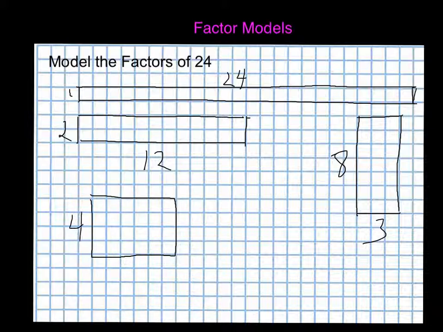We have 4 times 6 is 24. 5 times nothing will be 24, because in order for something to be multiplied by 5, it has to end with a 5 or a 0. 6, we already have 6, so we can stop there. So those would be the factors of 24 being modeled out.